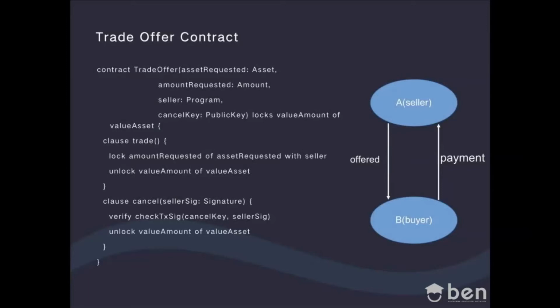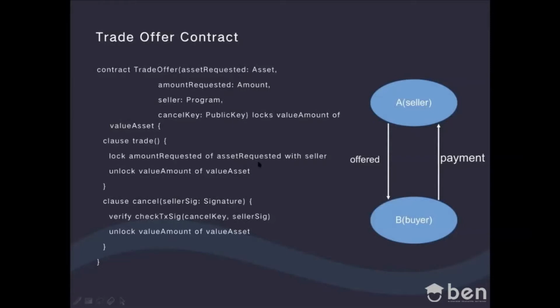The asset request means, say, the USD that you want to exchange with the locked asset, and amount says 5 BTC, right? And you could choose to trade, like I said before, the lock amount requests of value with seller.